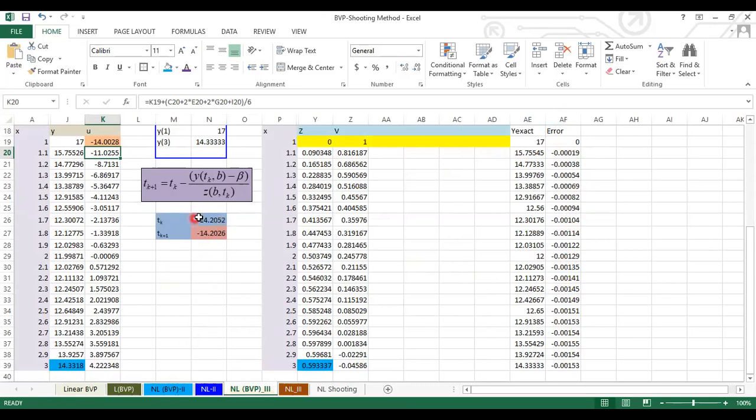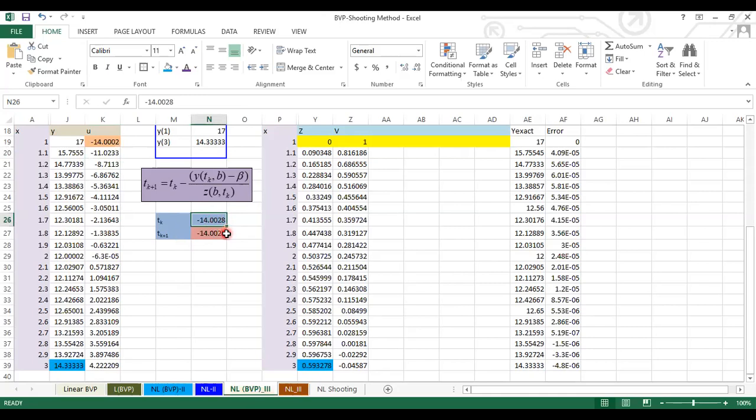So if I use this slope value, minus 14.0028, it suggests a new slope value, minus 14.0002, and now you can see the new value of slope suggested is also the same.